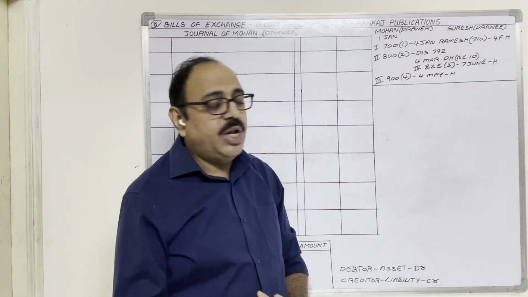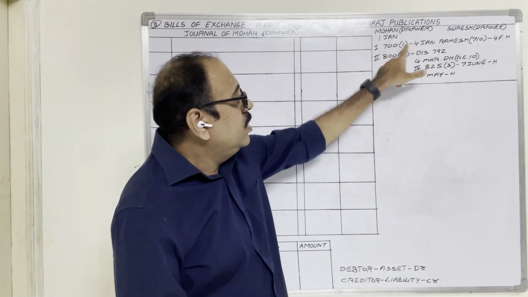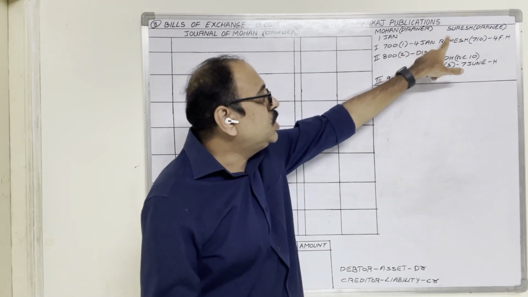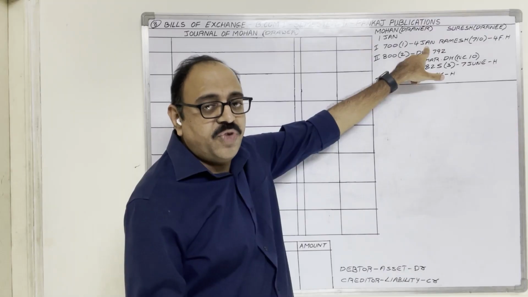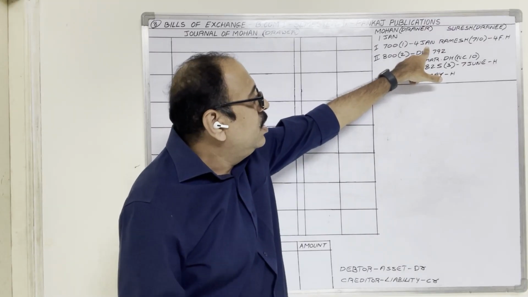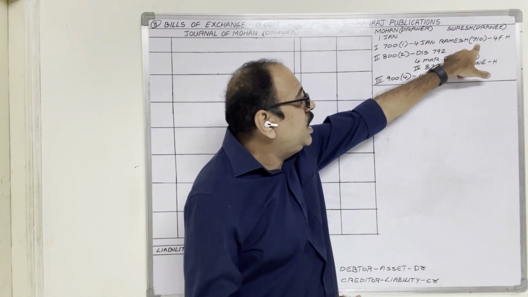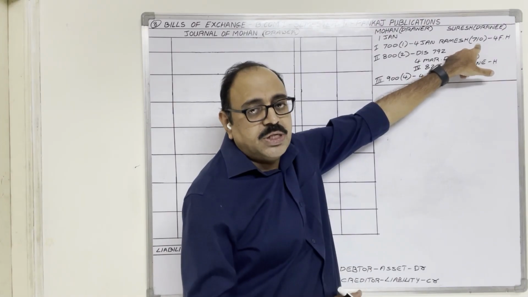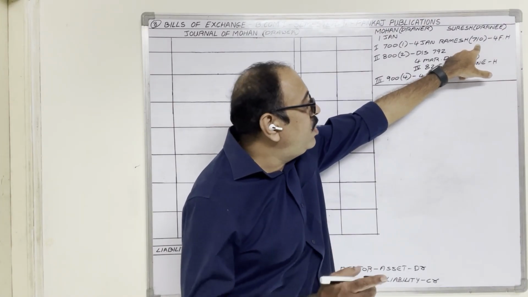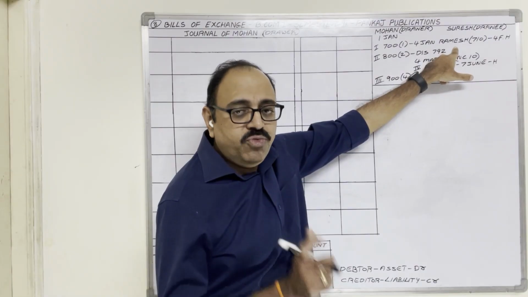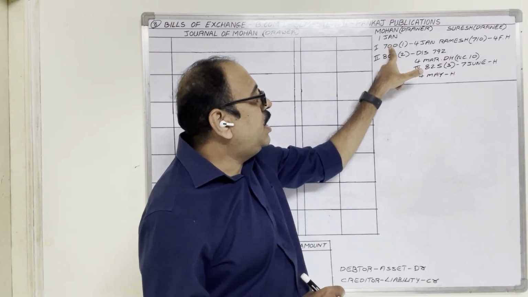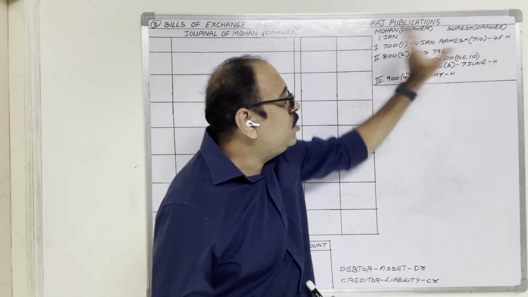So come to the first bill. This first bill is endorsed to Ramesh on 4th January, the same month, on the 4th date, in full settlement of 710 rupees. So Mohan has to pay 710 rupees to Ramesh. In full settlement, the 700 rupees bill, Mohan is endorsing to Ramesh.